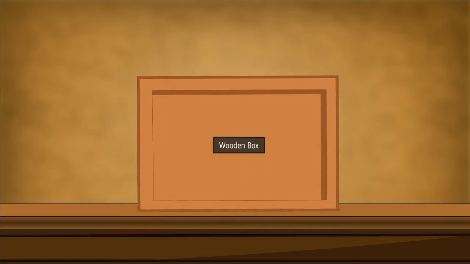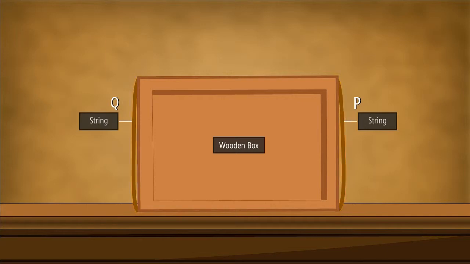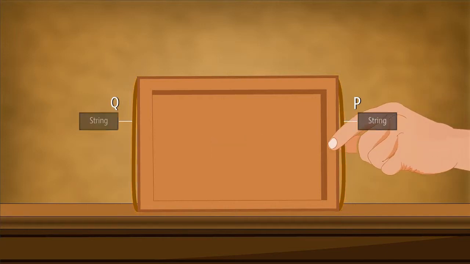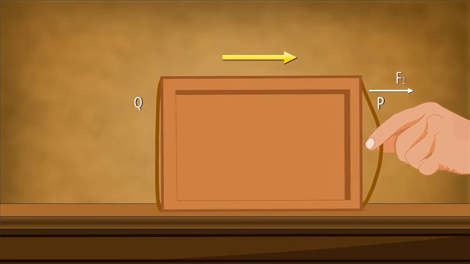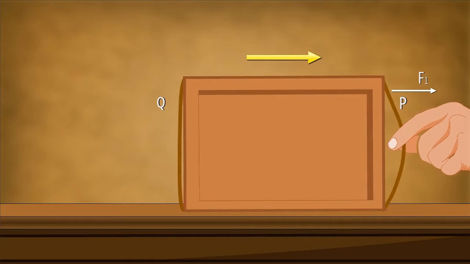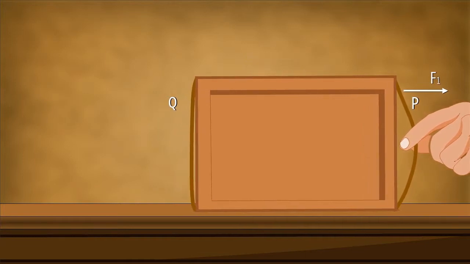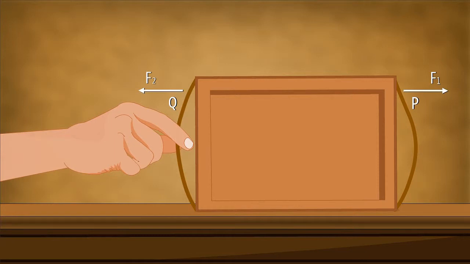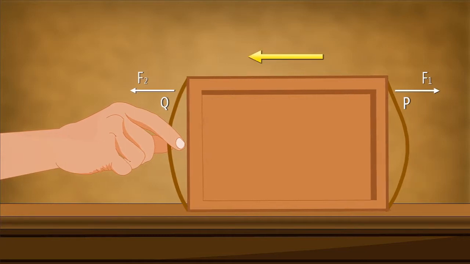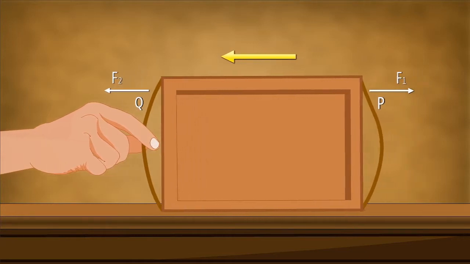For example, a wooden block to which are tied two strings P and Q. Now, if we apply a force F1 on the string P, the wooden block will move towards the right. Conversely, if we apply a force F2 on the string Q, the wooden block will move towards the left.